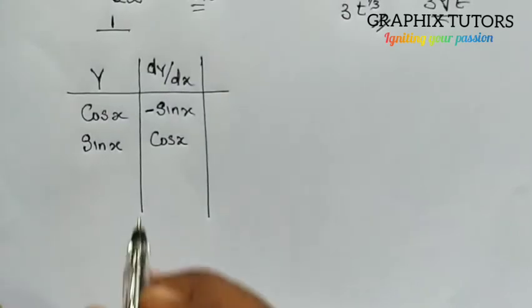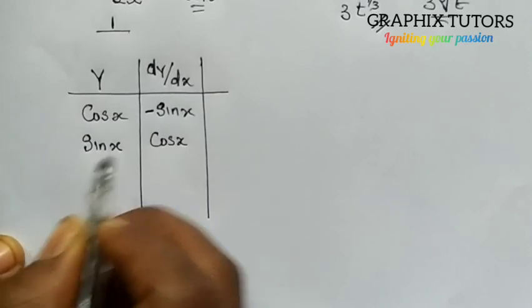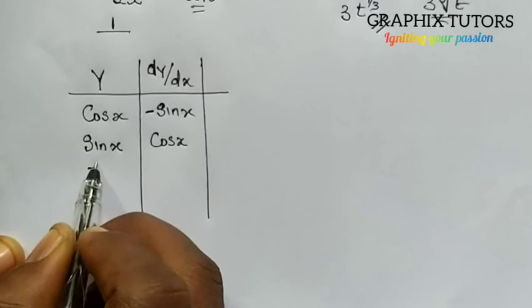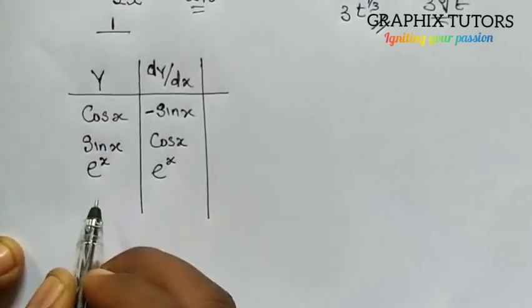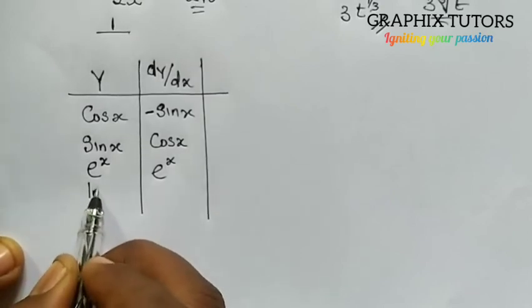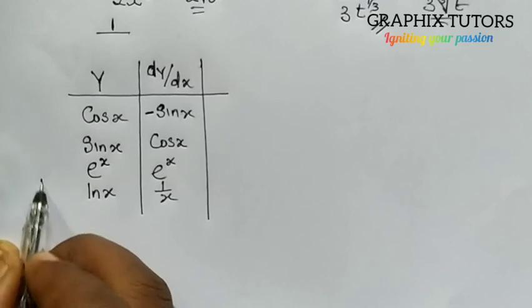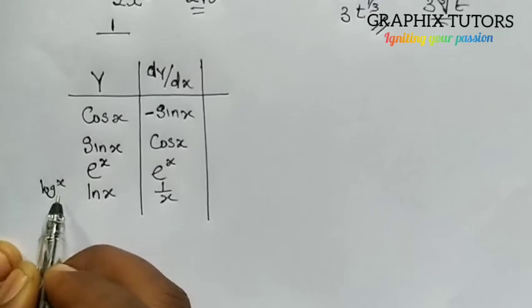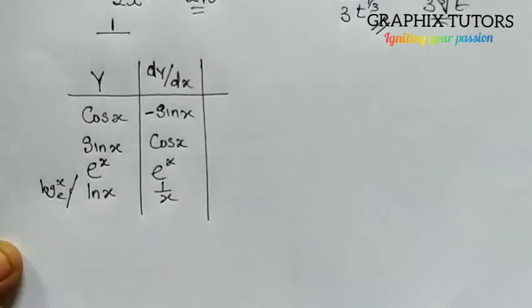Also, if I have e to the x, it will also give me e to the x. If I have ln x, it will give me 1 over x. Either you call it ln x or you say natural log of x, any of the two.